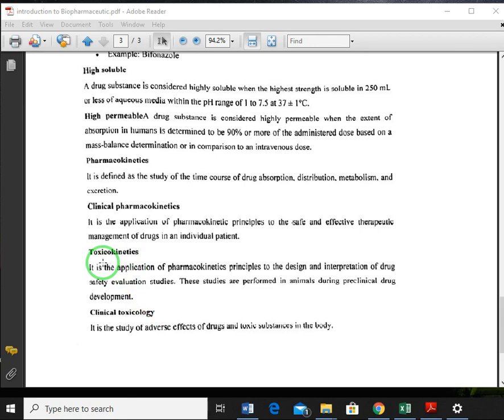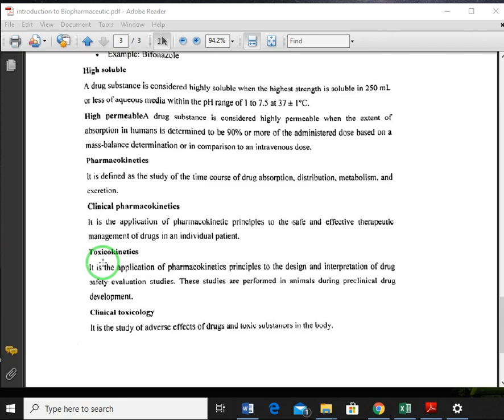Toxicokinetics. It is the application of pharmacokinetic principles to the design and interpretation of drug safety evaluation studies. These studies are performed in animals during preclinical drug development. Toxicokinetics means there may be some toxicity related to higher concentration.